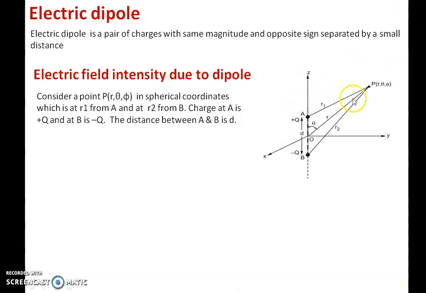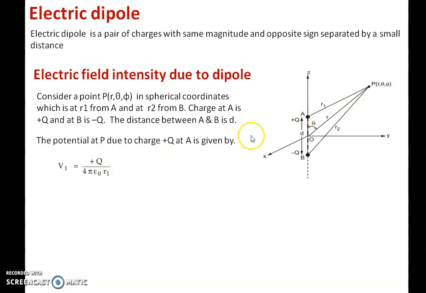The potential at P due to A is V1, which is given as plus Q divided by 4 pi epsilon naught into R1. So V1 is equal to plus Q divided by 4 pi epsilon naught R1. This is the potential at P due to A.